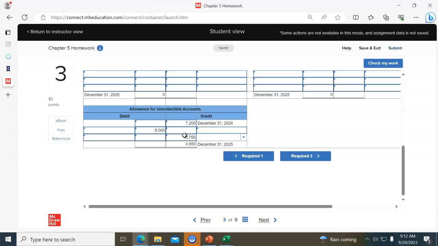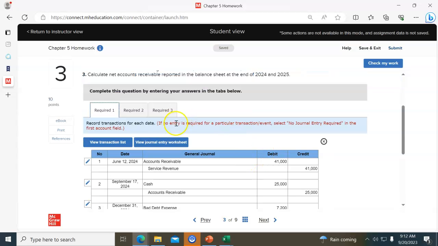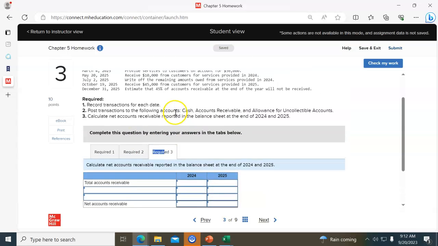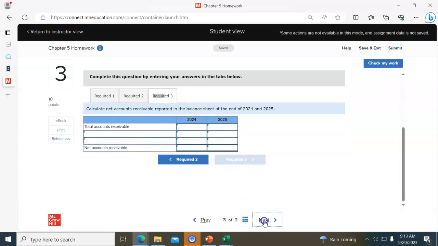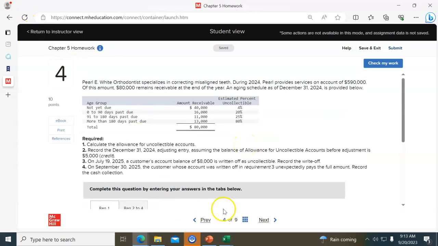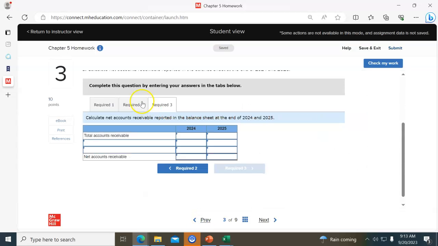That is the key. This is where people get screwed up. They think the 4,950 needs to be the journal entry. No. That needs to be your balance. So we want our journal entry to be 3,750, guys.